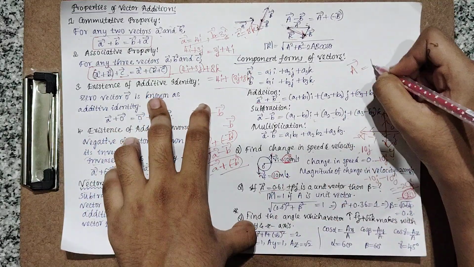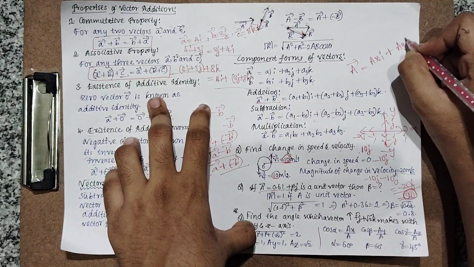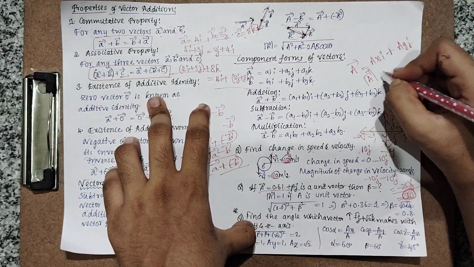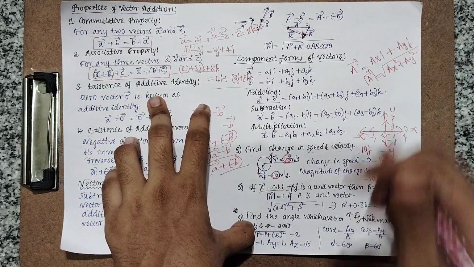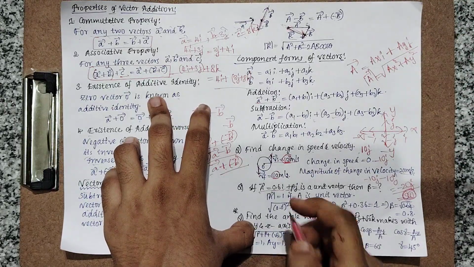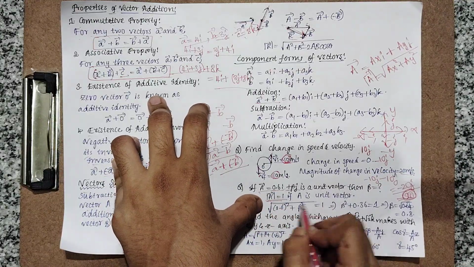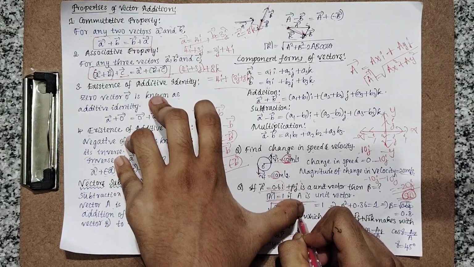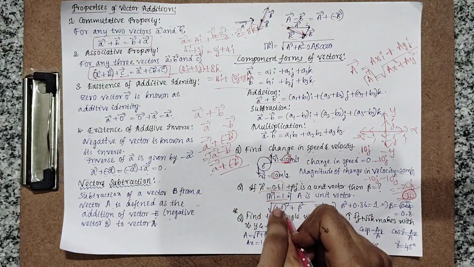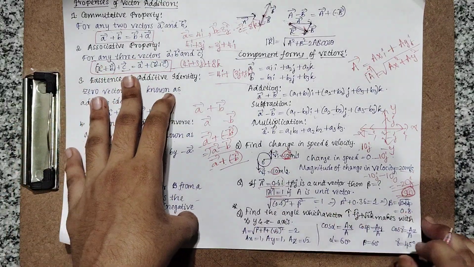Let us suppose there is a vector like this, a bar is equal to ax i cap plus ay j cap, then the magnitude of this a bar will be equal to under root of ax square plus ay square. So here the magnitude of a is equal to 1. So under root of 0.6 whole square plus beta square should be equal to 1. So 0.6 whole square plus beta square is equal to 1. By this you get the beta value as 0.8.